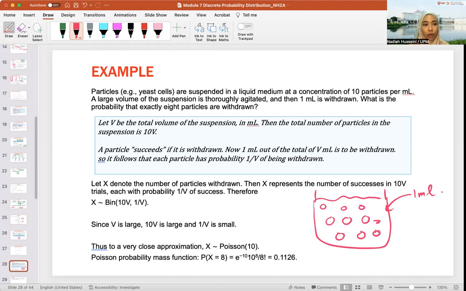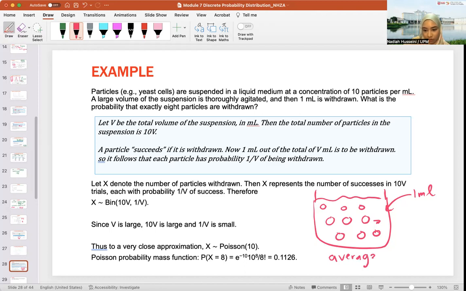Okay, so what is the mean here? Anyone? If I have 10 particles in 1 mil and I have 100 particles in 10 mil, what is my mean? What is the average particles per mil? Average particles per milliliter.